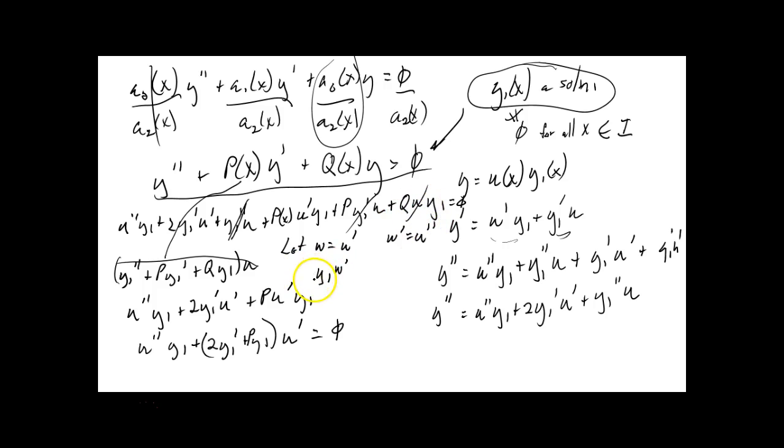So this would be a y1 double prime plus this thing, which is 2y1 prime plus p y1 with the p in there, times W. And that's equal to 0. Well, what have we just done? We've reduced the order from a second derivative to a first derivative. Wasn't that fun? Okay.